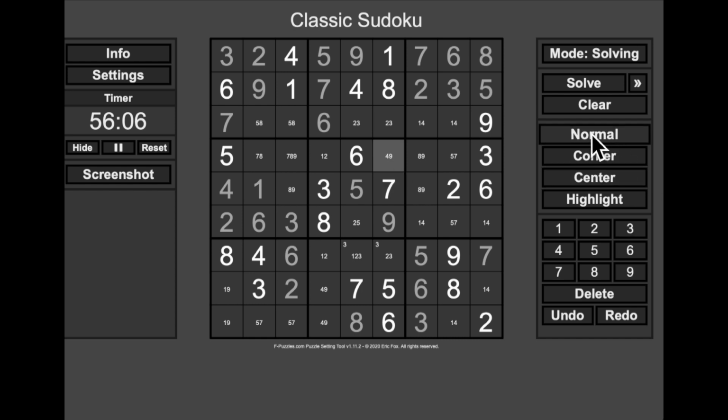Okay, that 9 places this 4 in box 5. Now, that 4 just tells me there's a 4 here. That still points to a 4, annoyingly, in one of these spots.